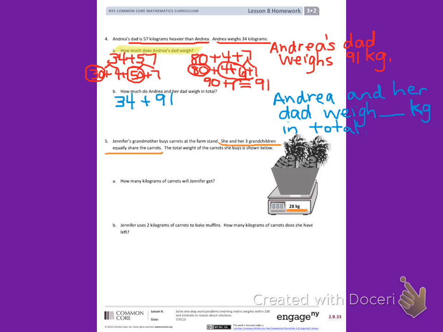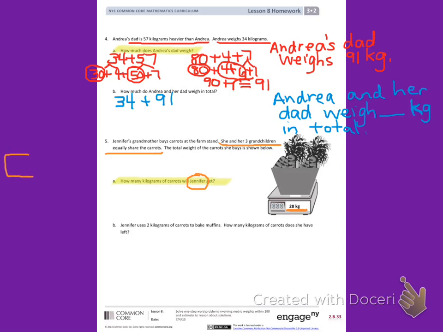I better highlight the question, how many kilograms of carrots will Jennifer get? So I'm going to circle the word Jennifer so I know we're talking about just one person here. Well, if Jennifer's grandmother went shopping with 3 grandchildren, that means that we better draw the right number of people.